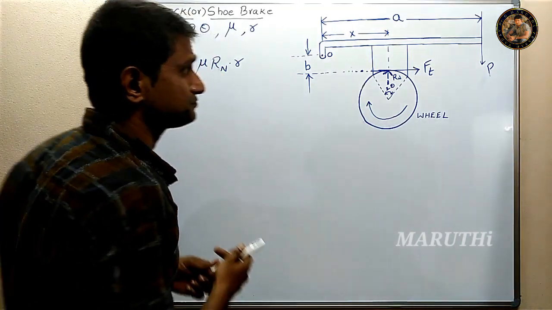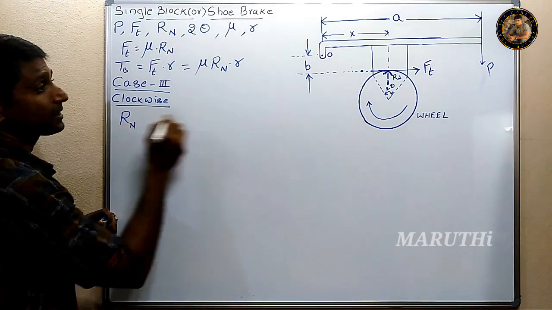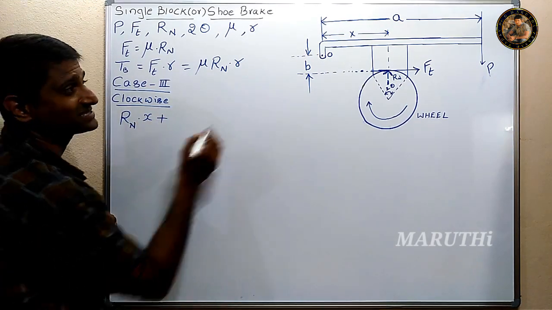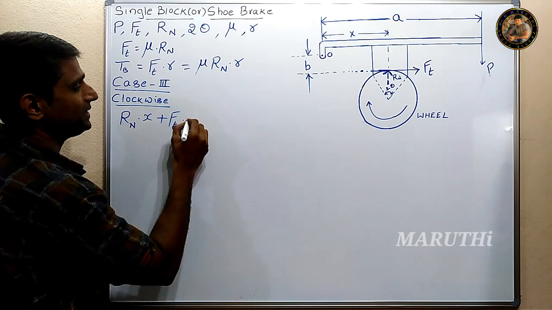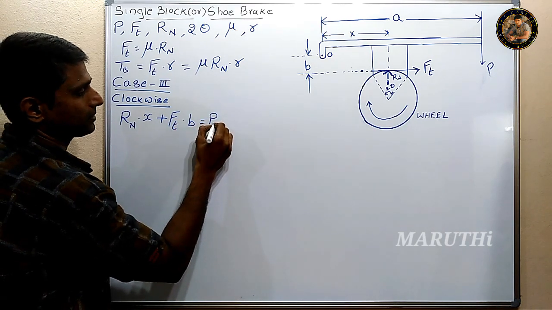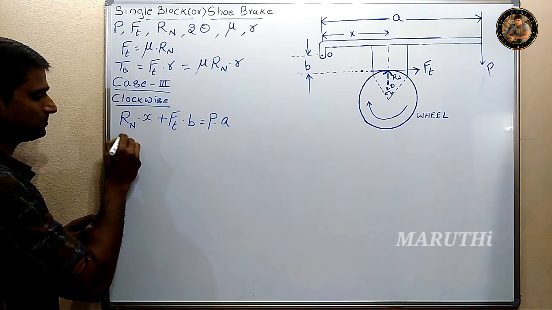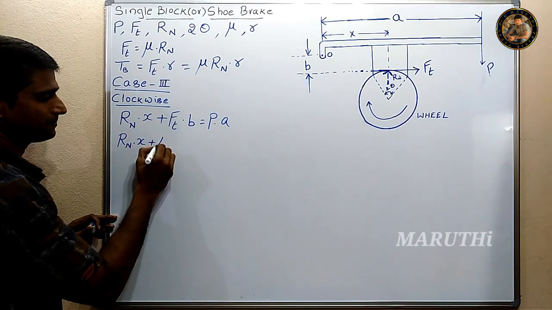So therefore, see here, Rn into x plus Ft into B equals P into A, where Ft equals mu into Rn.